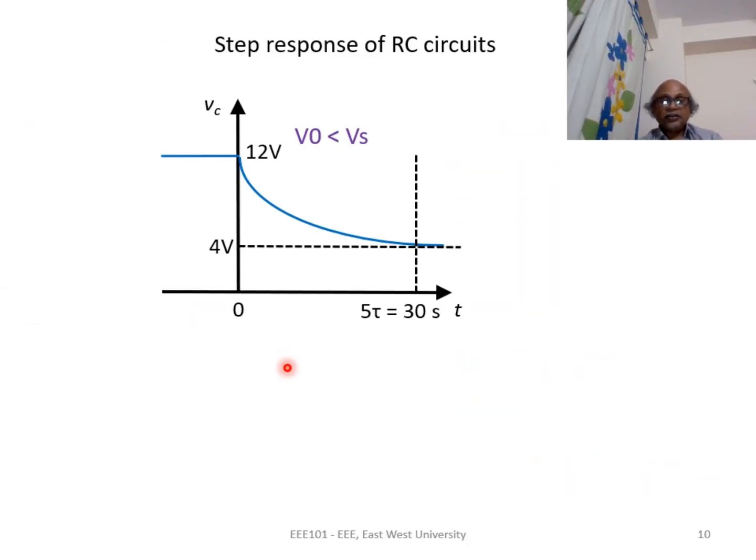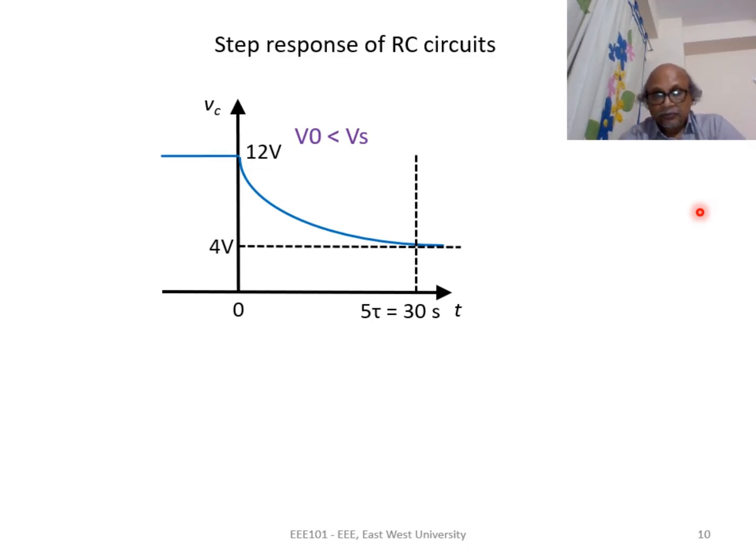So this is the graph that we obtain. At t equal to 0, the voltage is 12 volts. At t equal to 5 tau, which is 30 seconds because our tau is 6 seconds, the capacitor voltage reaches the final value, which is 4 volts.